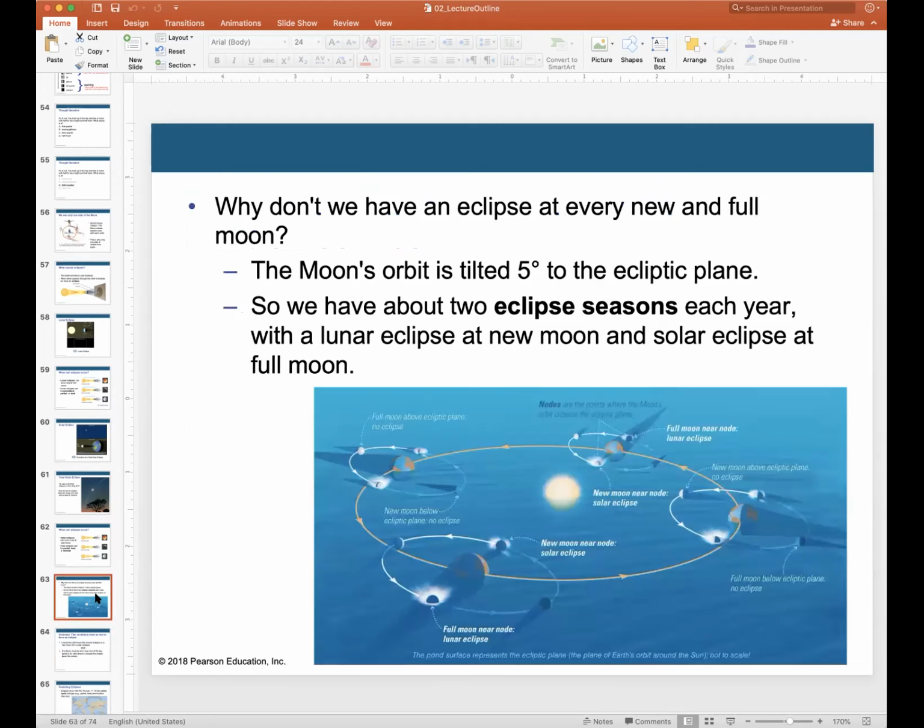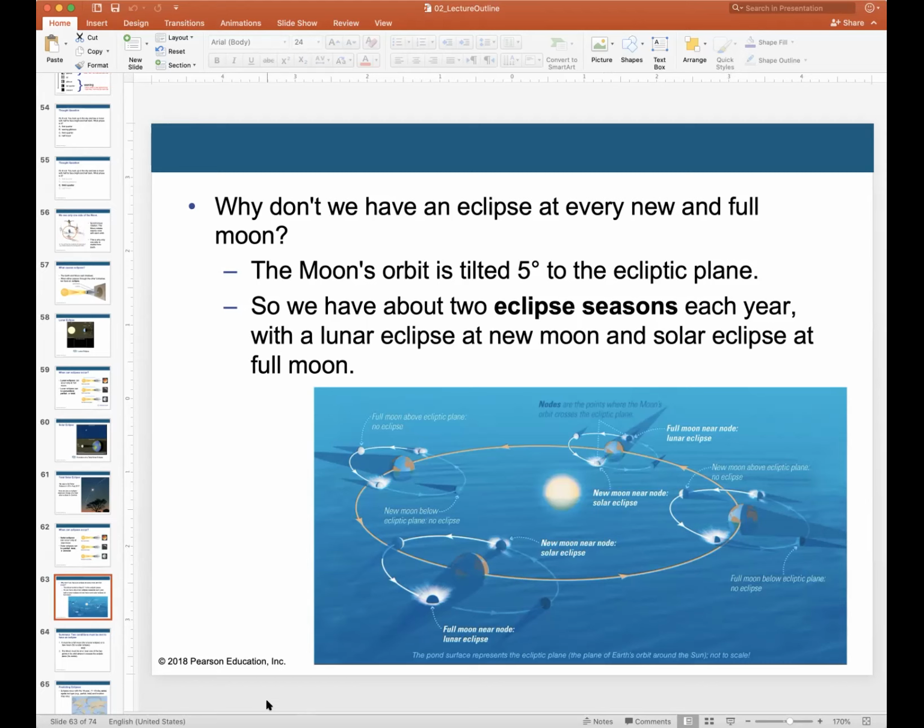So back to here, it has to be here, which obviously will not cast any shadow. Here we'll have a full moon near the node, we'll have a lunar eclipse. Here the moon does not cast any shadow because of its orientation. And then here we'll have another full moon near the node, which causes a lunar eclipse.